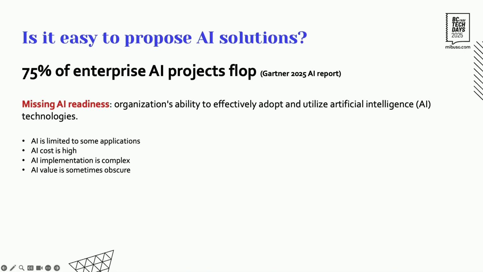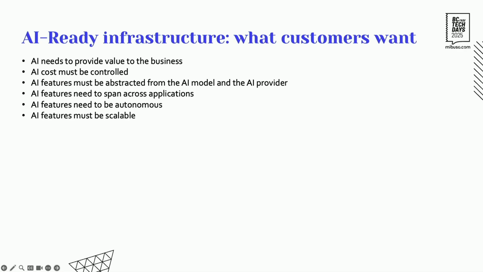The AI cost seems high, so how can I predict my AI cost? This is something customers are worried about. AI implementation usually is something complex, at least it is seen as something complex. And the AI value that you get when you invest money in AI solutions sometimes is obscure to the customer, so is it something I can invest in or not?